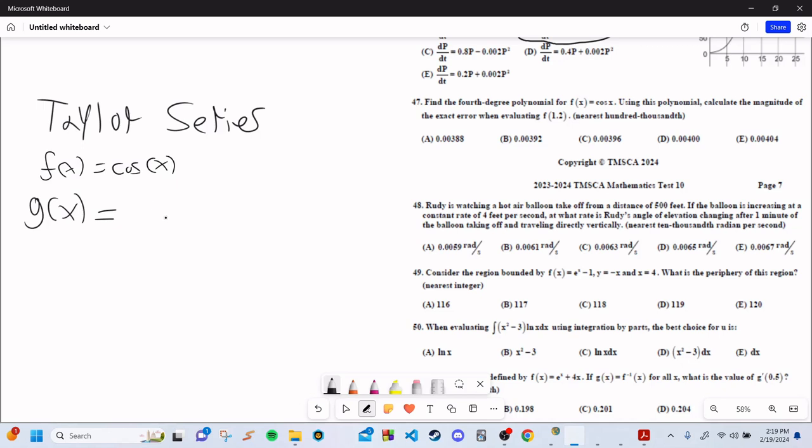I take the value here at x equals 0. So that would be just f of x. And if I do that, this is cosine of x.